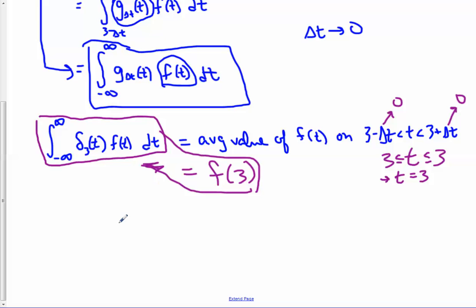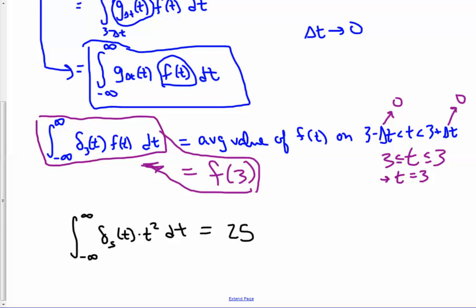Example: the integral from minus infinity to infinity of delta 5 of t times t squared dt. This integral is so easy. I just plug 5 into t squared. I get 25. That's what we're saying is true here, and it works. So this is the important property of the delta function, how it operates under an integral.